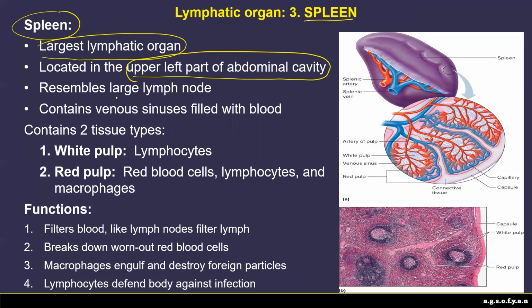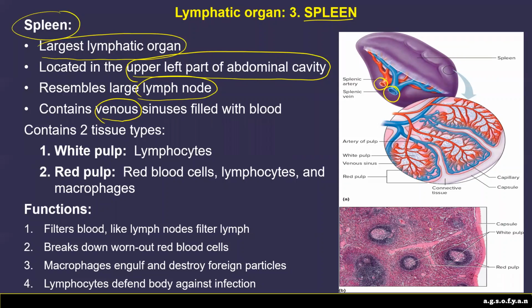This is very similar to the lymph node, and contains venous blood. So if you see this over here, the arteries will enter into this organ, making capillaries, and then will exit as the vein. Yes, splenic artery and splenic vein.